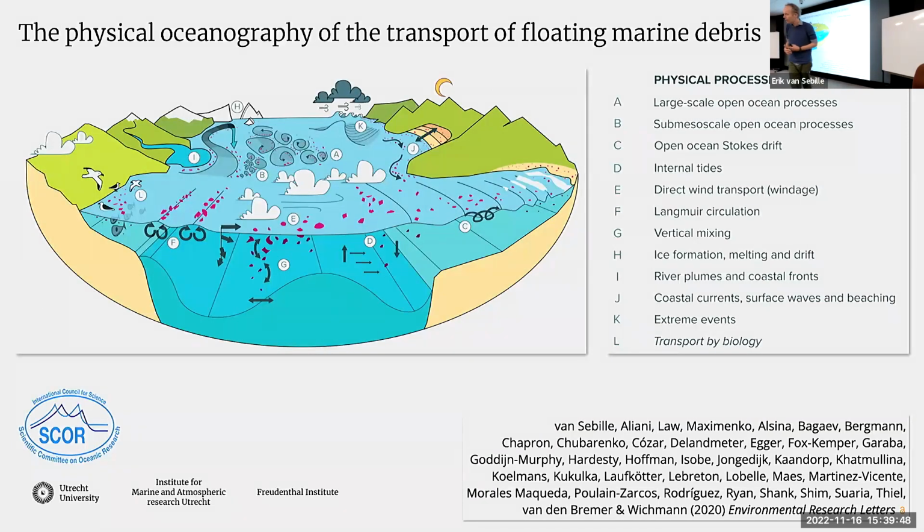And in a big review paper that I led out of a SCOR working group, the Scientific Committee on Oceanic Research, we came up with a list of 12 types of ocean processes that we think are important for the transport of plastic at the surface of the ocean, floating plastic at least, from large-scale open ocean processes to what we call submesoscales, so it's like on the kilometer scale or so, Stokes drift, which is about waves, internal tides, the direct wind transport, windrows and Langmuir circulation, vertical mixing, ice formation, river plumes, coastal currents, extreme events, and maybe even transport by biology.